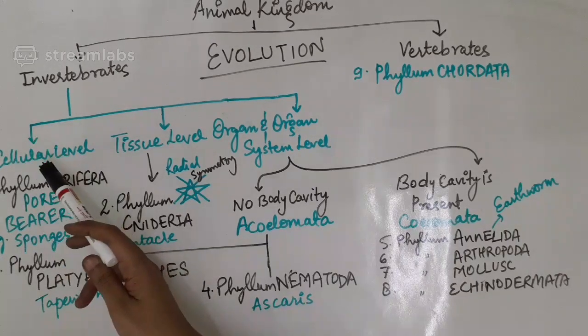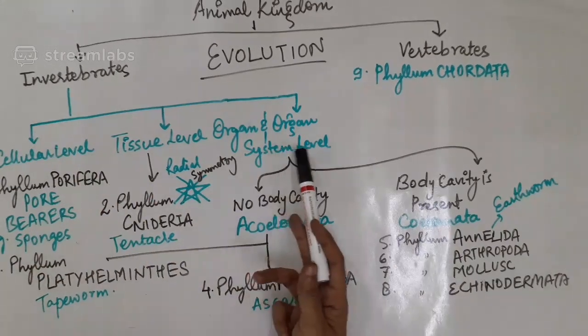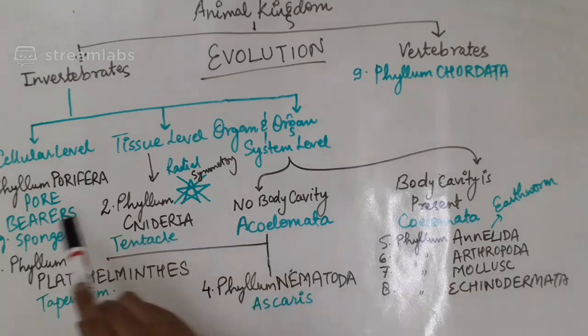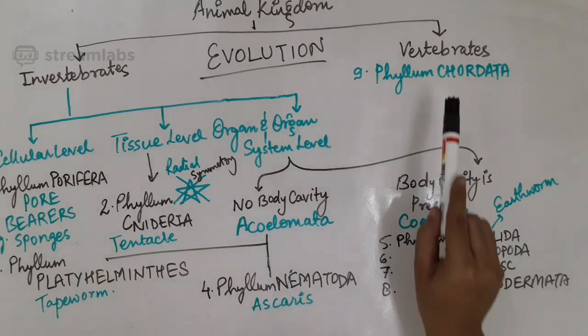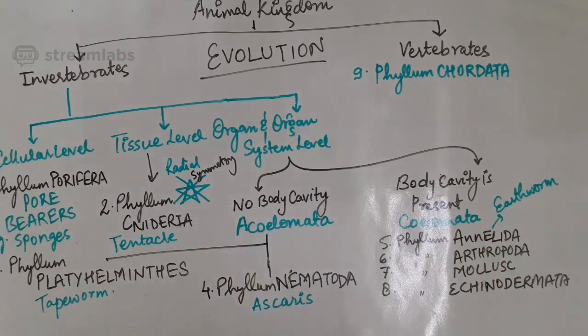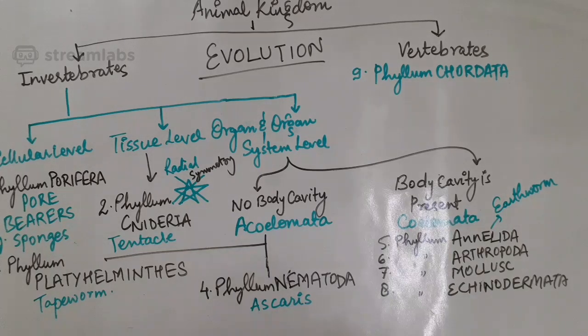See, cellular level, simple. Complex structures means organ system level. So starting from this, every organism is improving, and the most complex phylum is the phylum Chordata, in which all the vertebrates are present. Arthropoda, example like cockroaches.